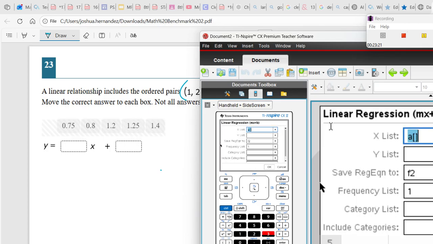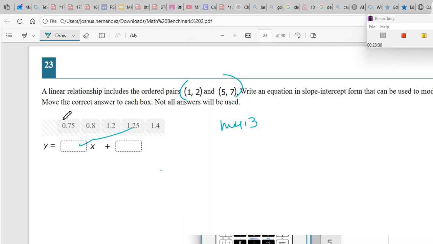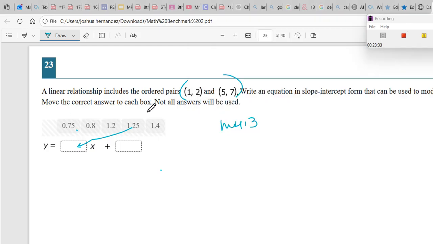I go here, menu 4, 1, 3, and I go with B, control the stuff inside, enter. So it goes to 1.25. So this one goes here, and 0.75 goes here. Really easy question. My gosh, that one was ridiculously easy.